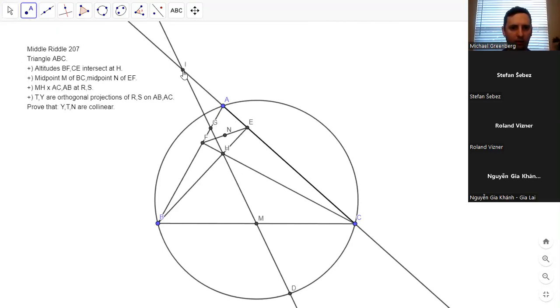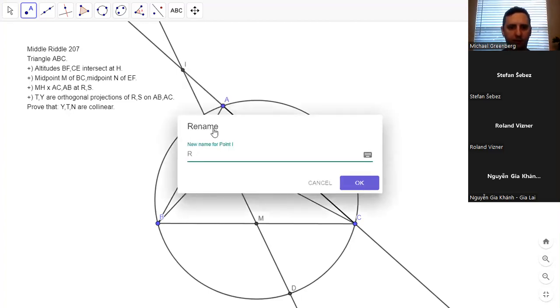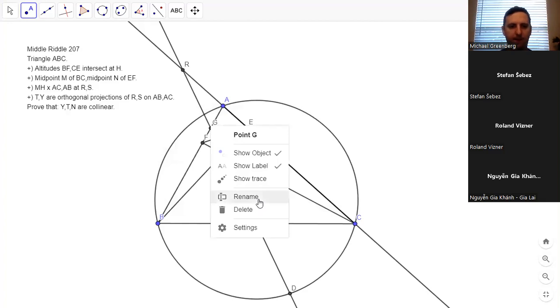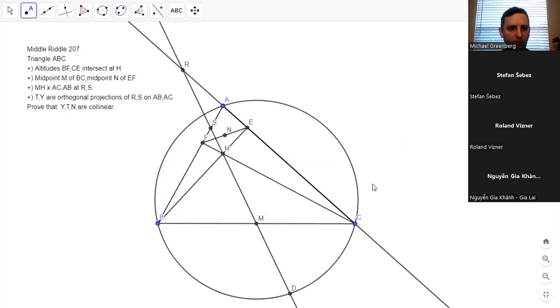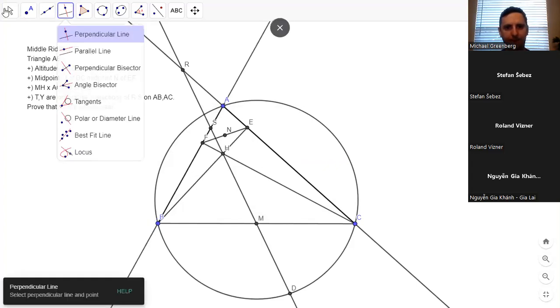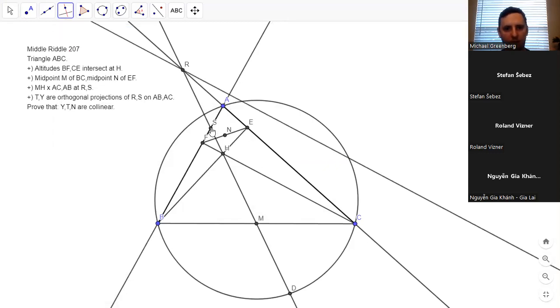So AC at R, AB at S, and then we take the projections of R and S onto AB and AC. Okay, so it looks like I'll have to draw both lines. So R onto AB and S onto AC.